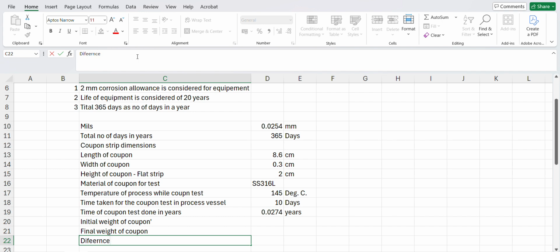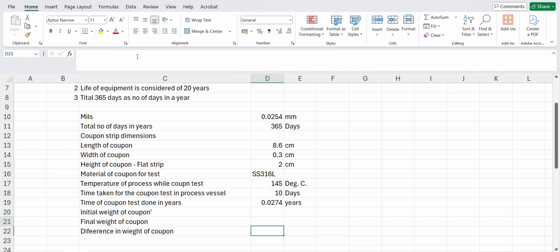Then the difference in weight of the coupon. The initial weight, which we have to consider prior to installing it in the process area, is in grams, so we take the difference.